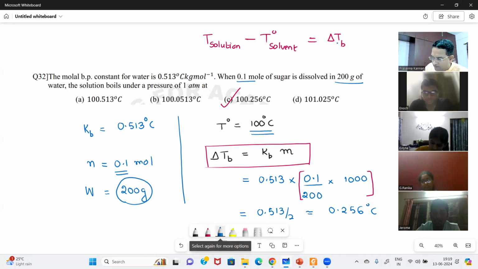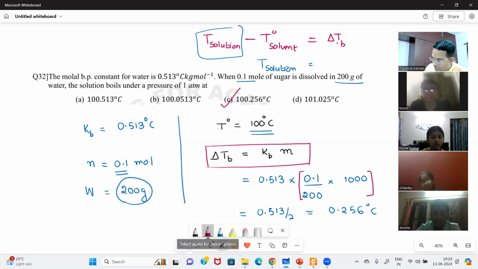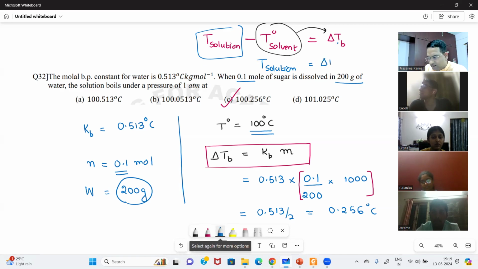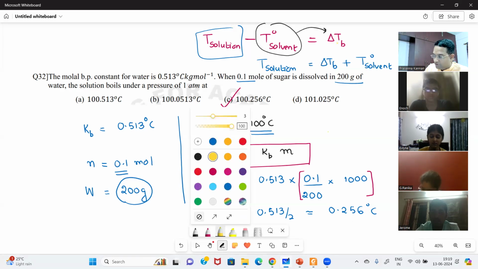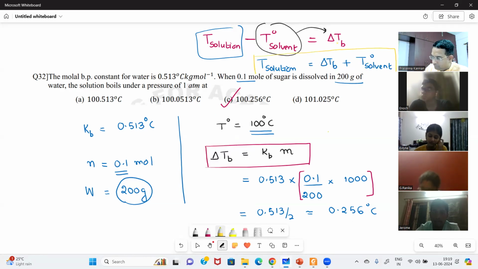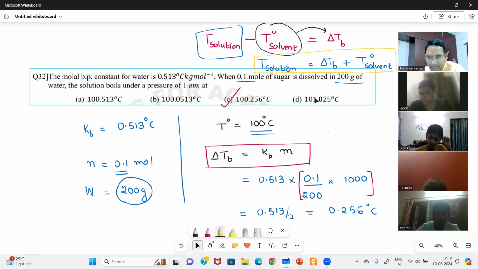So if you want to find T of solution, the boiling point of solution, then you have to take this side: delta TB plus the boiling point of the pure solvent. Is it clear now? Yes, sir. That's the reason in the last step you add them. So 0.256 plus 100. Okay. Good.